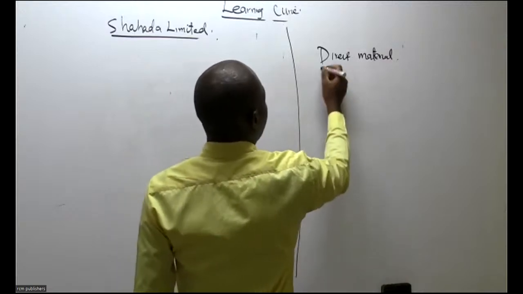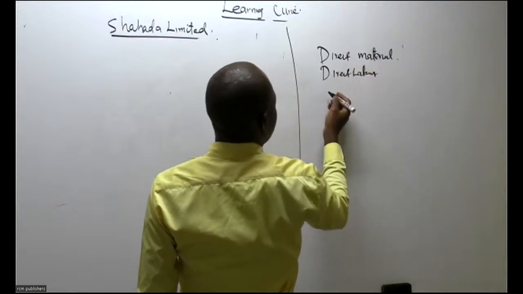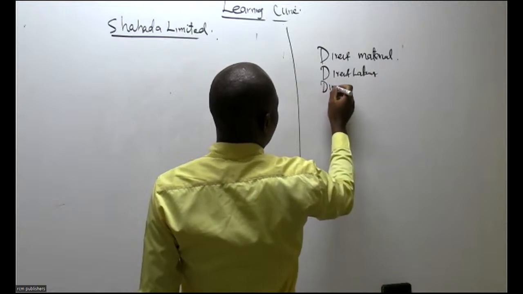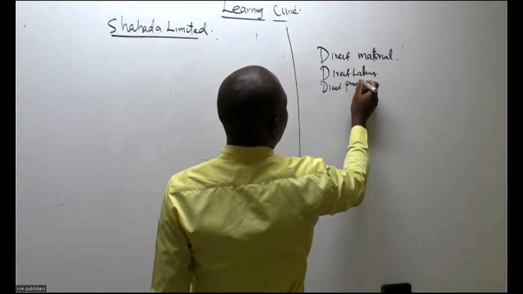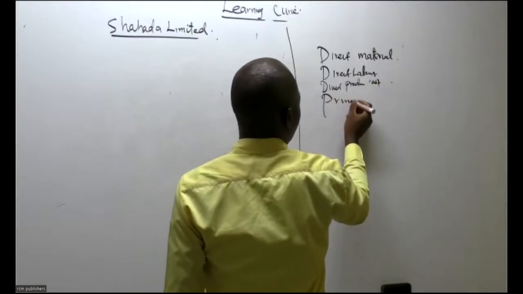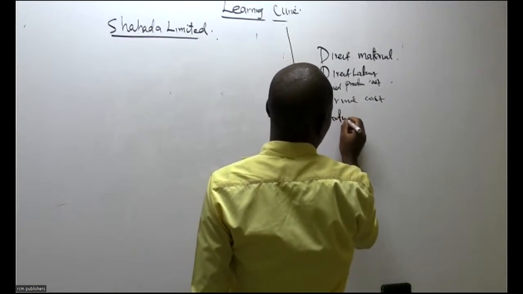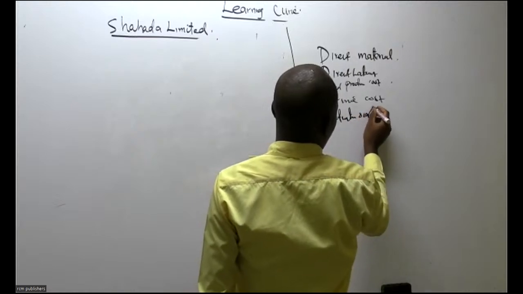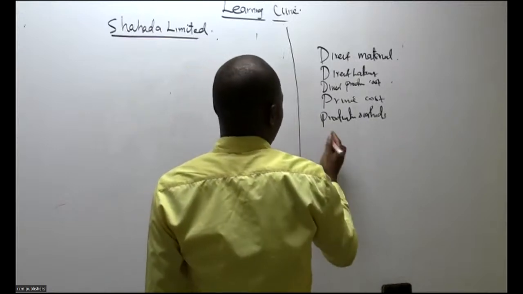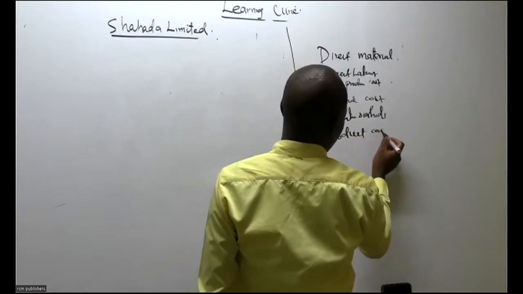Direct material, we need direct labor. If we add these two, we are supposed to arrive at any other direct production costs. Then we should be able to arrive at what we call prime cost. When we add production overheads, which are divided into two, the variable and the fixed, then it should give us the product cost.